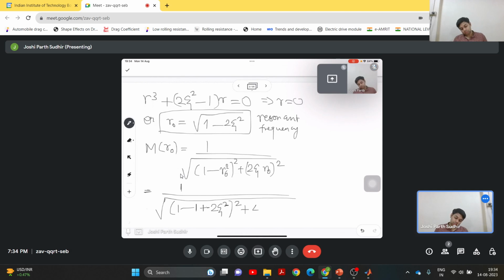plus 4 zeta square into (1 minus 2 zeta square).